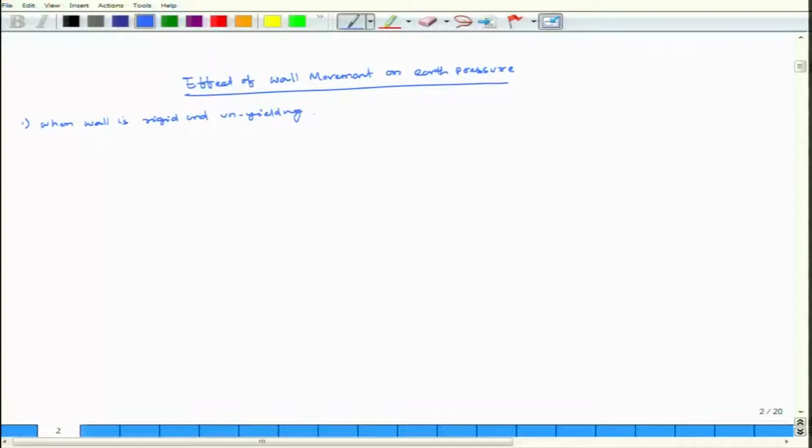The soil mass is in a state of rest. In that case the soil mass is in the state of rest. What will happen? Particularly in this case there is no deformation and displacement.